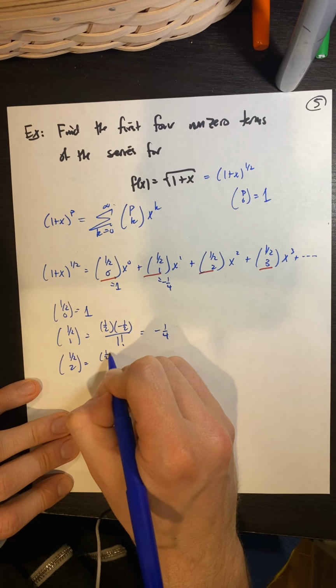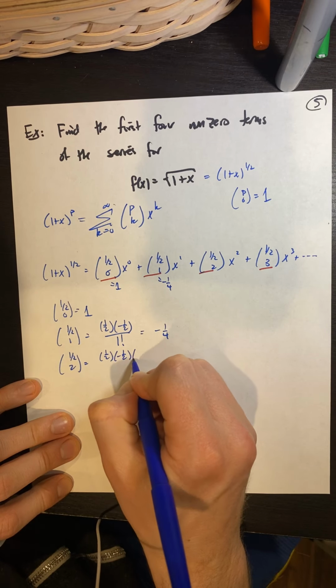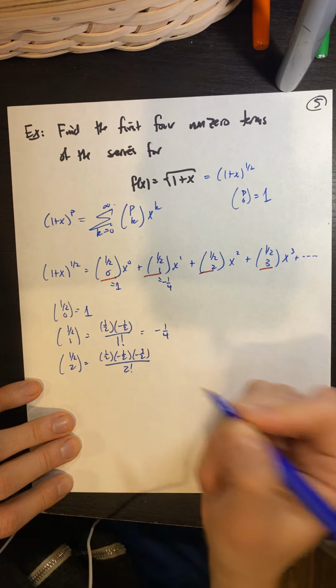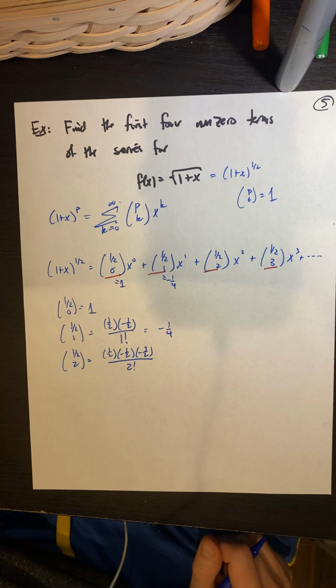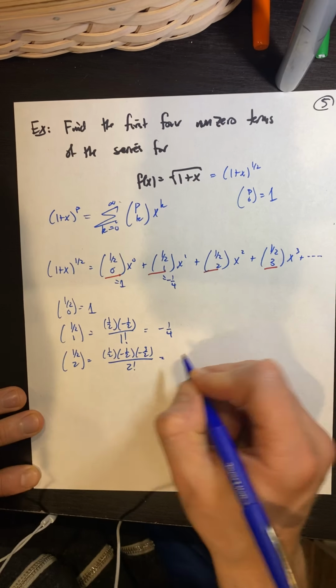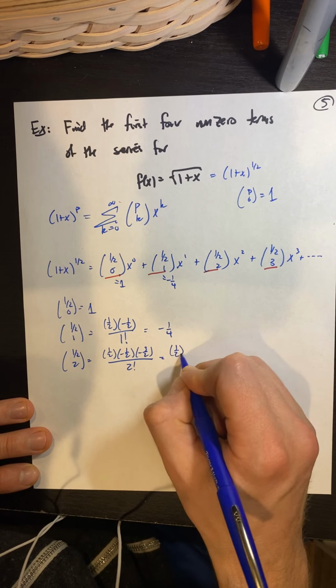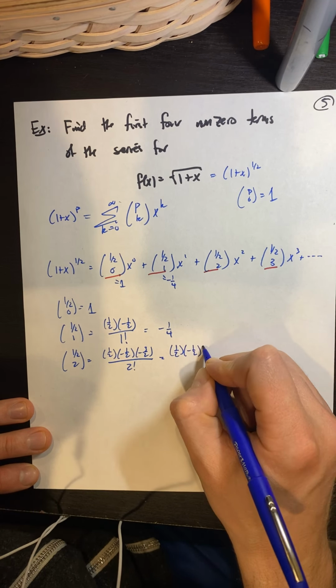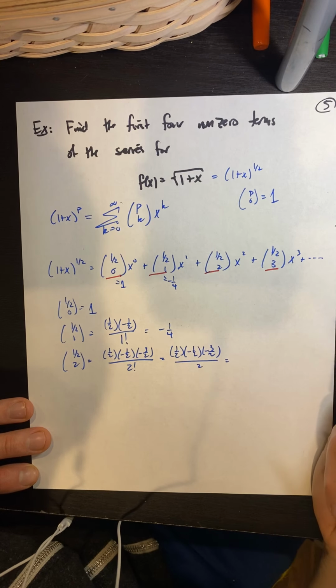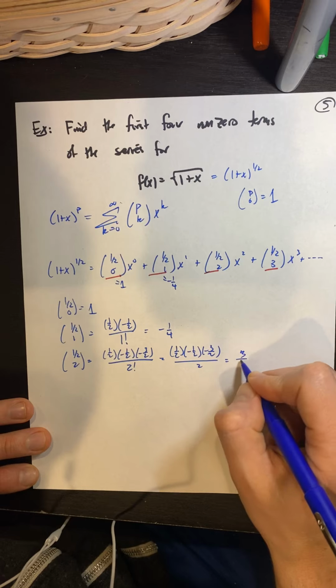This says do 1/2 times the one number below it, and then times the number below that, and then stop. So we have 2 factorial. Okay, so that would be 1/2 times negative 1/2, times negative 3/2, all over 2. So this would give me 3/16.